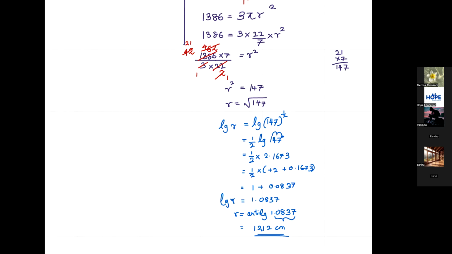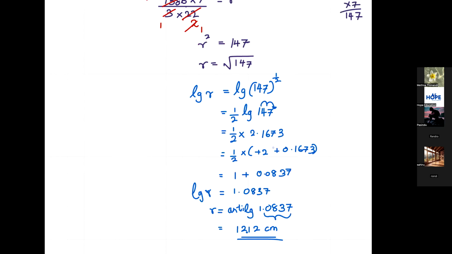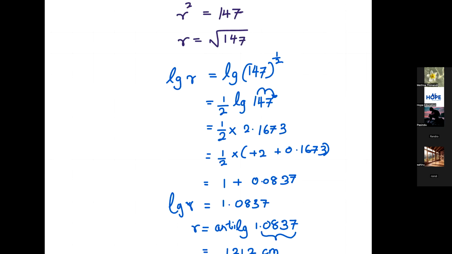-2 plus 1. No, here it's not -2. This is plus, therefore we don't have to put it as minus. Here, then, we put it as plus. Okay? Is that clear?